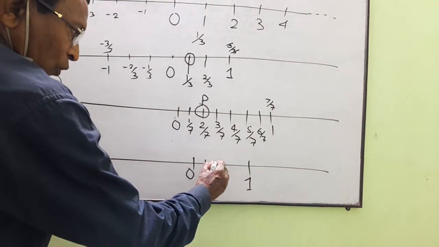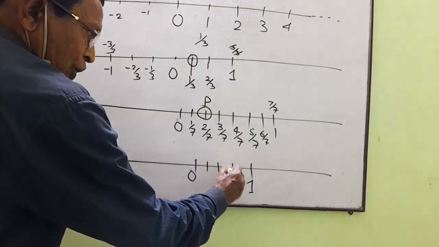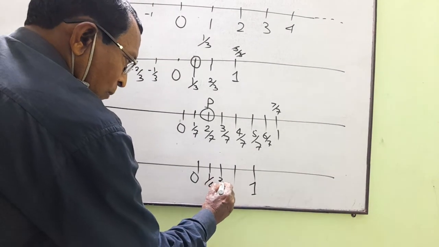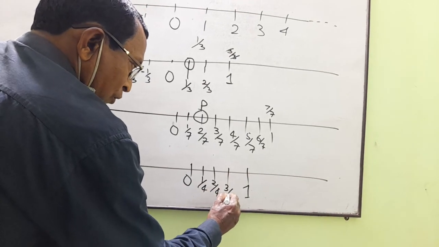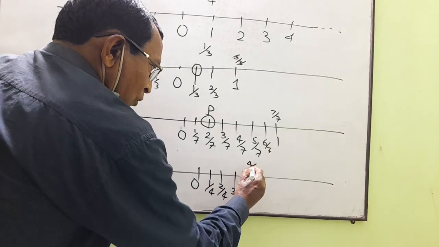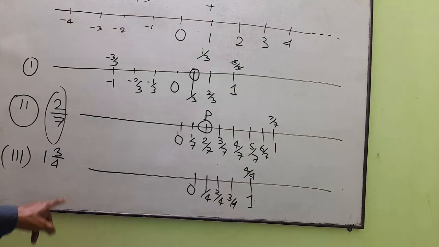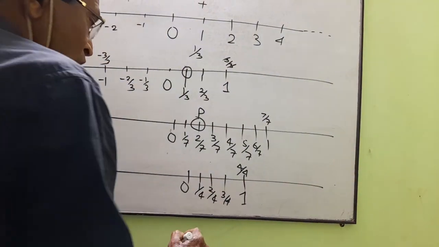So it is 1 by 4, 2 by 4, 3 by 4 and 4 by 4, which is 1. So this is 3 by 4, but here it is 1 whole 3 by 4.